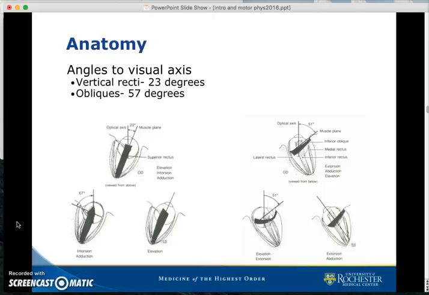In this case, you can see if the eye is abducted 39 degrees, it becomes a pure extorter. And if the eye is able to adduct to 51 degrees, then the inferior oblique becomes a pure elevator. So it'll show you the relative actions of muscles in abduction versus adduction for the vertical rectus and the oblique muscles.